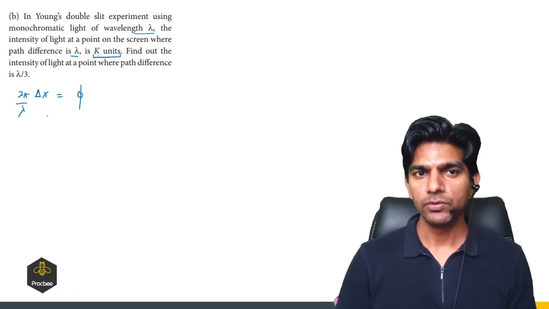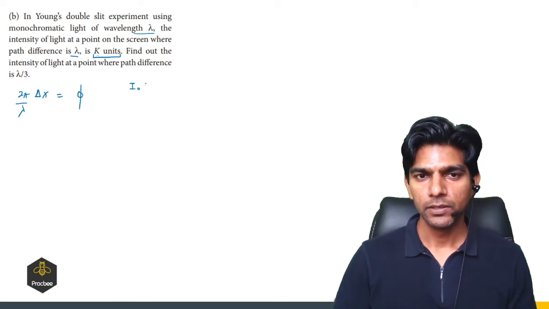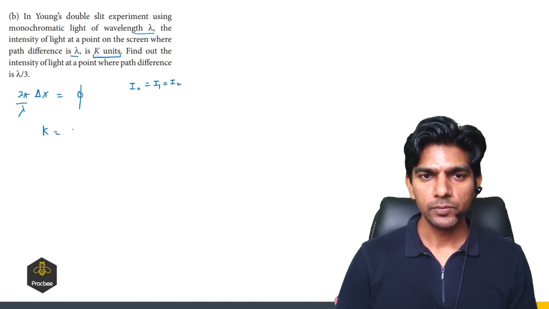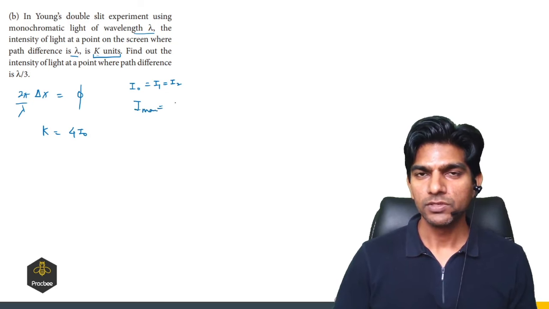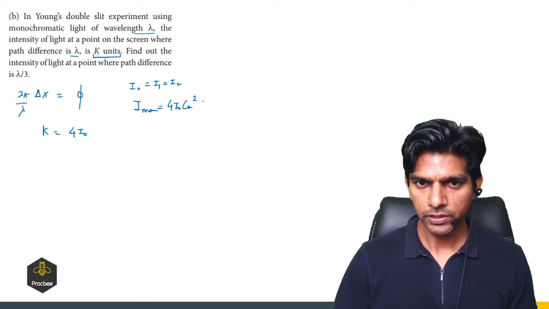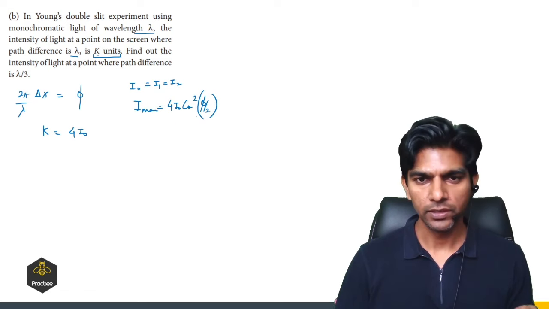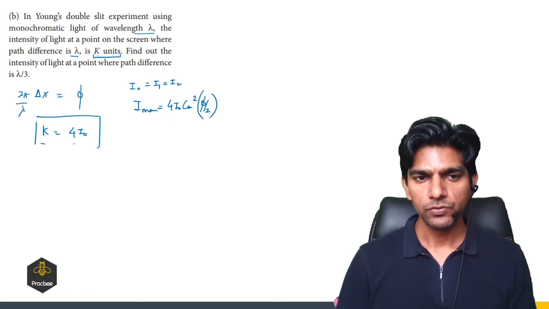I'm assuming both the sources have the same intensity. Let us say I naught is the intensity of both the sources. So k is nothing but 4 I naught, because I max for equal intensity sources will be 4 I naught times cos square phi by 2, and in this case the phase difference will be 0. If the phase difference is 0, cos 0 will be 1. So k will be equal to 4 I naught.